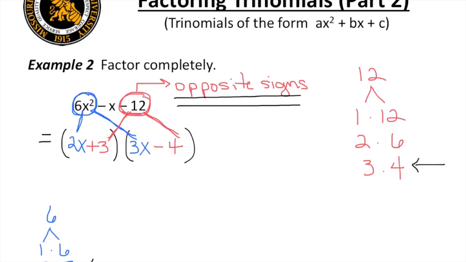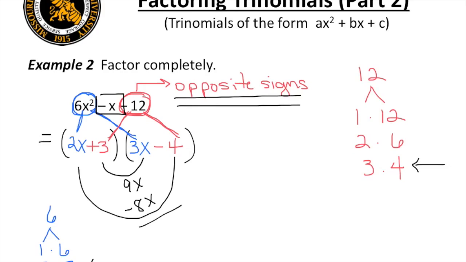But do we have the middle term when we add the inner product of 9x to the outer product negative 8x? Notice when we add the inner and outer products, we get 1x. But we need negative 1x. So that tells us that our signs are misplaced.